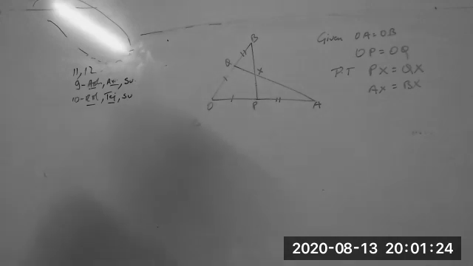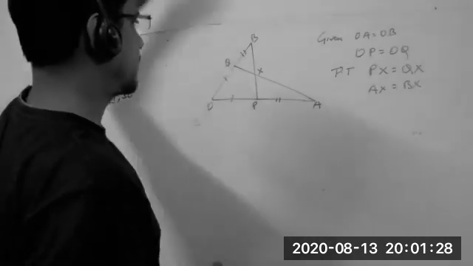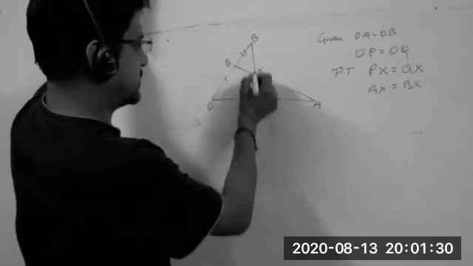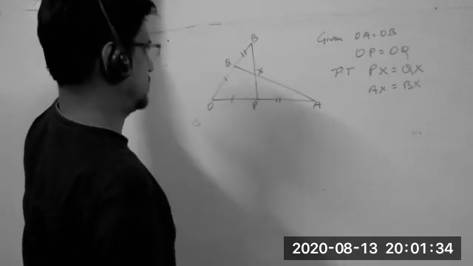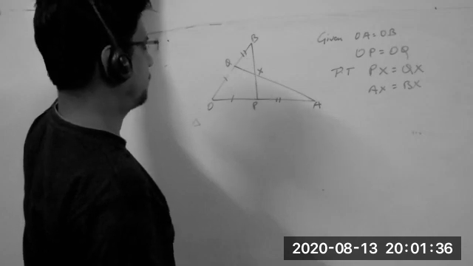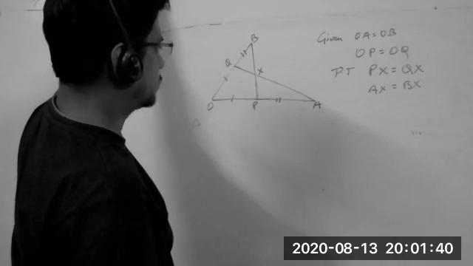So this is equal to this. This is equal to this. Now we have PX and QX, so this is equal to this. This is equal to this. Third angle.